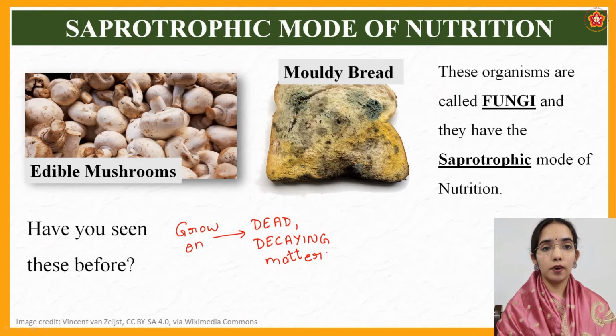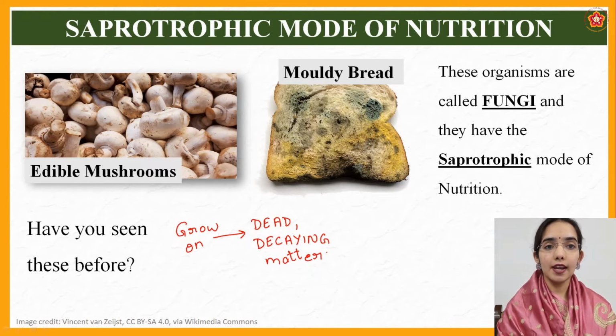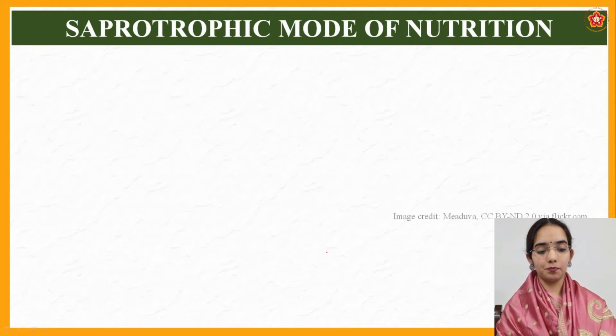You can see over here, the bread is decaying. So, fungus has grown on it, and the fungus is getting its nutrition from this dead and decaying bread. Likewise, mushrooms also grow in the soil which contains a lot of dead and decaying matter.